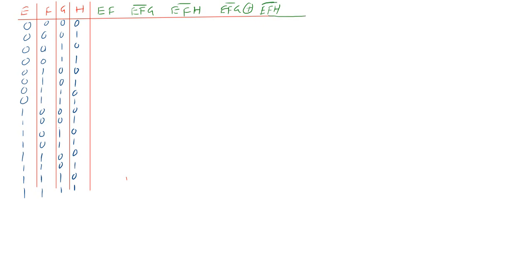Then lastly, we have the output, which is EFG negated XOR EFH negated, then an overall negation, like that. So these are the columns that we have. So let me draw the lines.